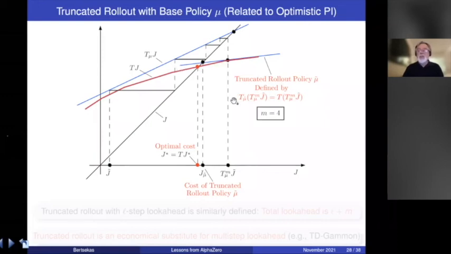So it is first value iterations with the mu operator, m of them, m equals 4 in this particular figure, starting with some J tilde, and then applying the Newton step by doing this minimization here. And that's the cost of the truncated rollout policy. So truncated rollout also involves a Newton step.